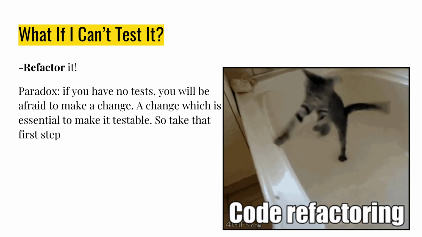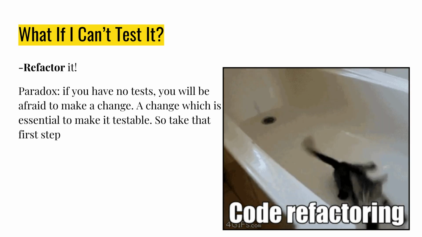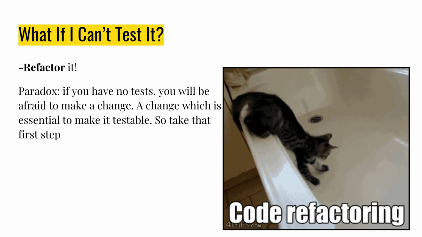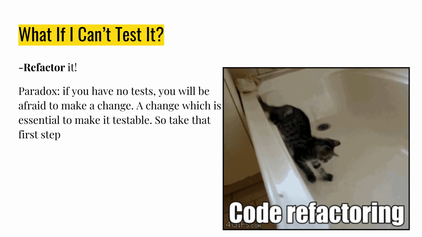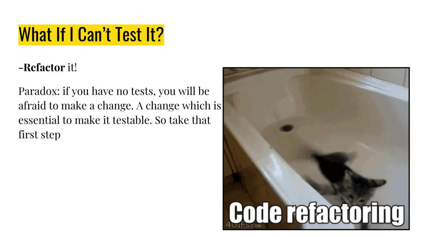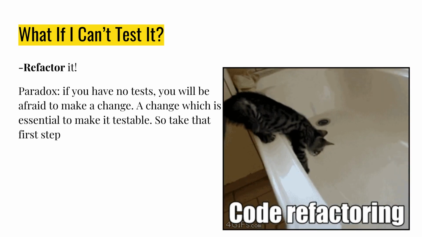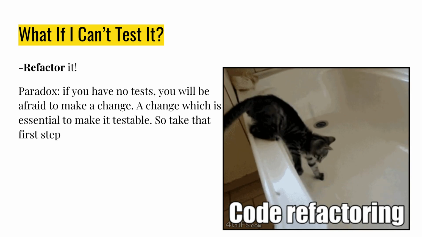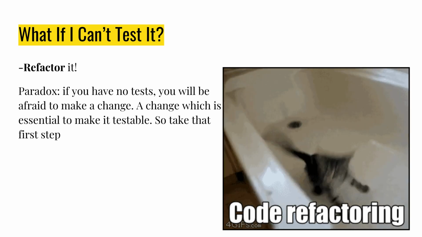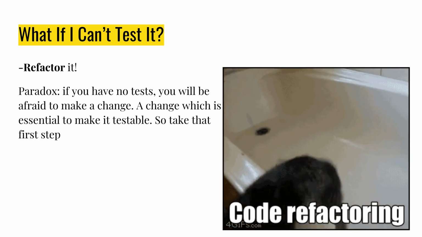Maybe some legacy system is dirty, but it doesn't have tests, and you want to refactor it, but you cannot refactor it because it doesn't have tests. Because if you refactor it, you might break it. So you need to have a way to test if it still works after your changes. But you cannot because you didn't write tests.